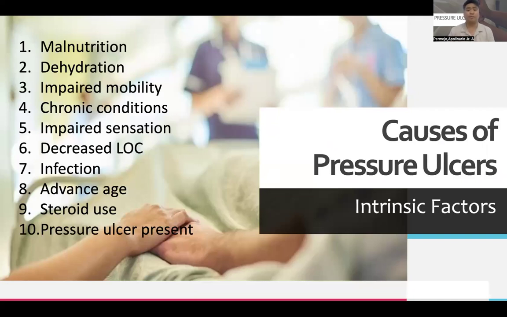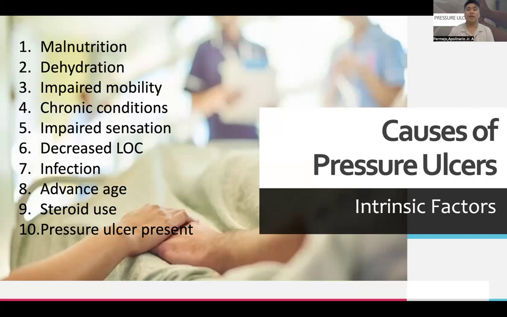What are the common causes of pressure ulcers? We have two common causes, the internal factors and the external factors. Let's focus on the intrinsic or internal factors. Number one, malnutrition. Second, dehydration.